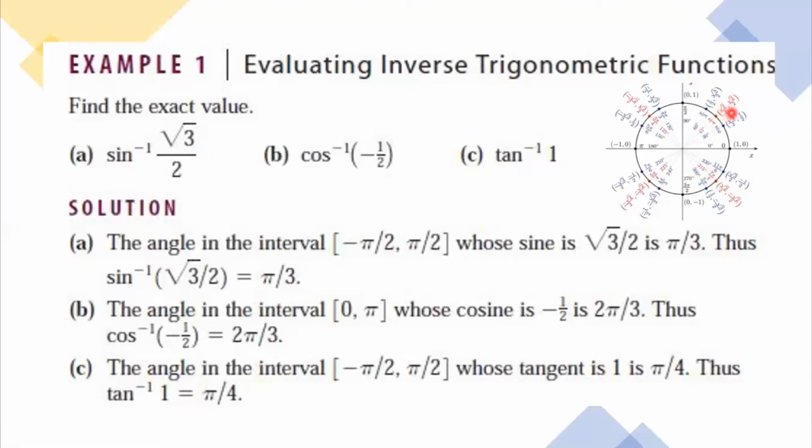Because if you divide y over x, we have square root of 2 over 2 divided by square root of 2 over 2, which is equal to 1. So what is the corresponding angle? The corresponding angle is pi over 4.